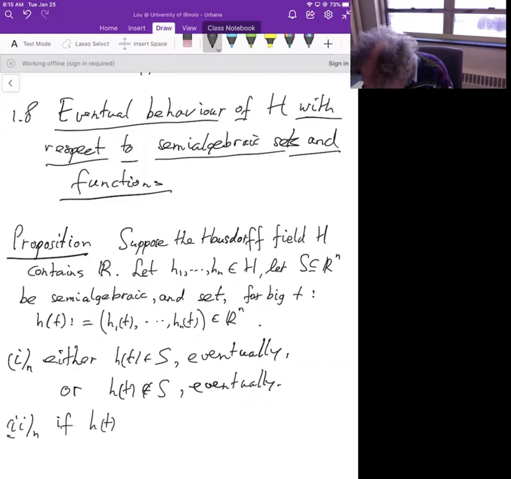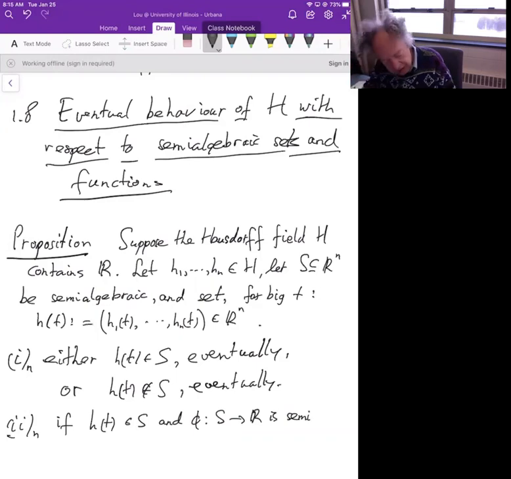In the first alternative, if h(t) is eventually in S, and you have a semi-algebraic function phi on S, then you can plug in h in phi.